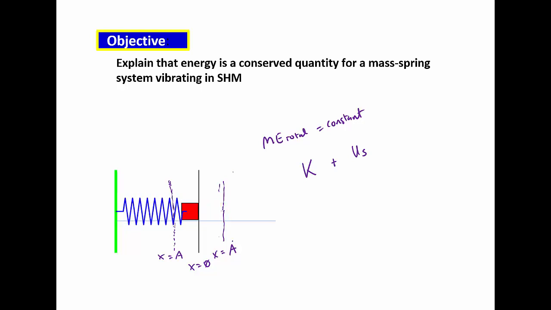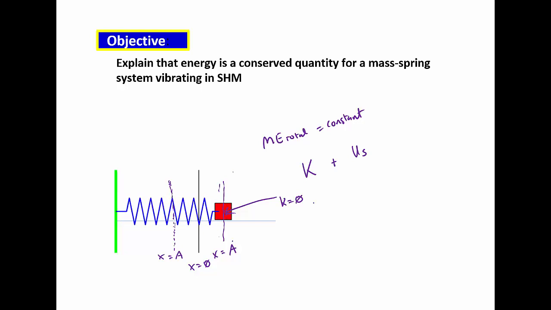So a couple special things occur here. When I reach all the way to the right-hand side and I'm at that maximum amplitude, we've actually stopped moving for a moment when we change direction. So there's no kinetic energy; kinetic is actually 0 here at that maximum amplitude position.